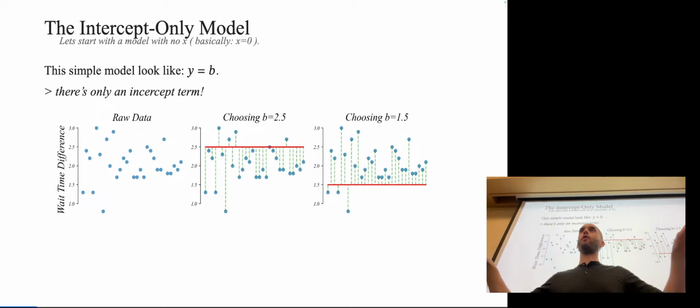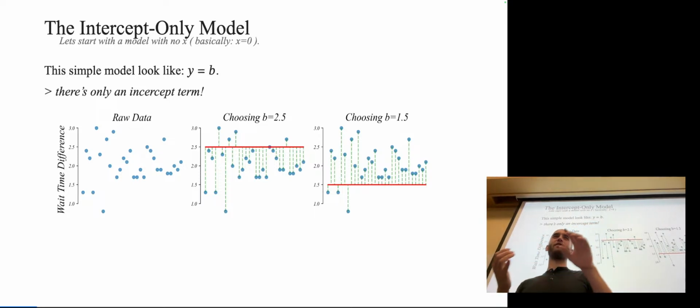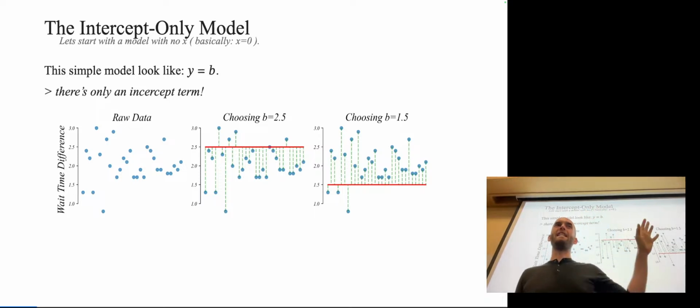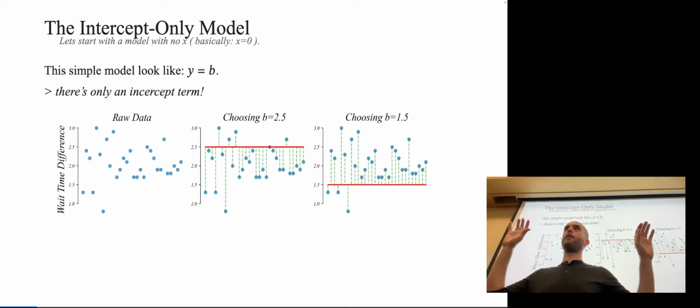I'm going to put this to a vote. No abstentions. All right, so how many of you think the choice of B equal to the median will minimize the mean squared error? And how many of you think setting B equal to the mean will minimize mean squared error?